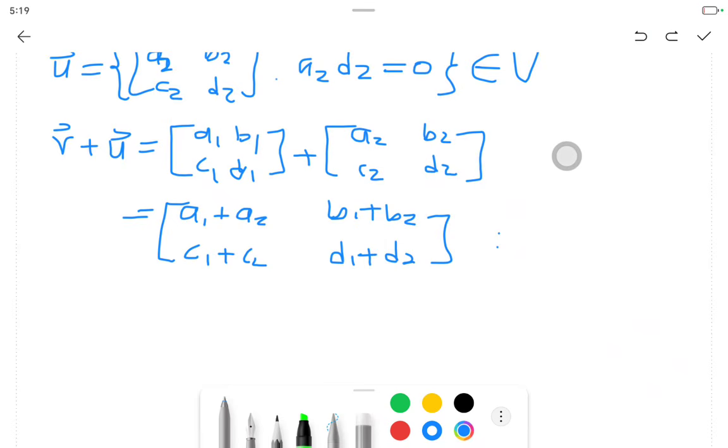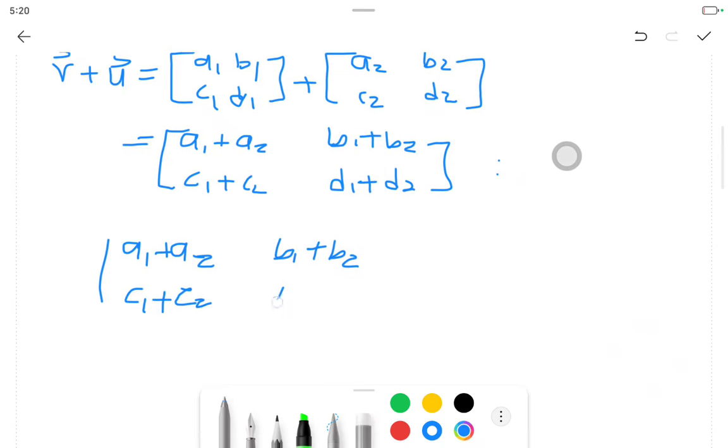So some would say that I would take the determinant of this: A1 plus A2, B1 plus B2, C1 plus C2, D1 plus D2.